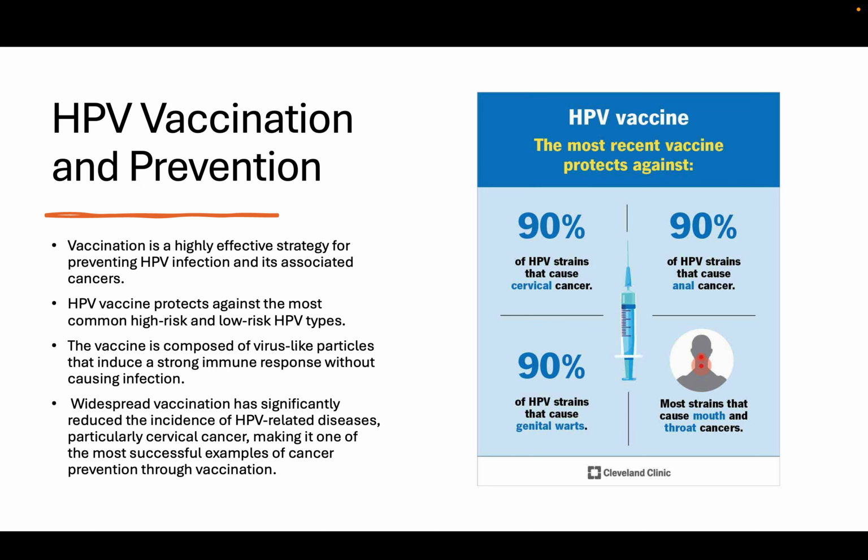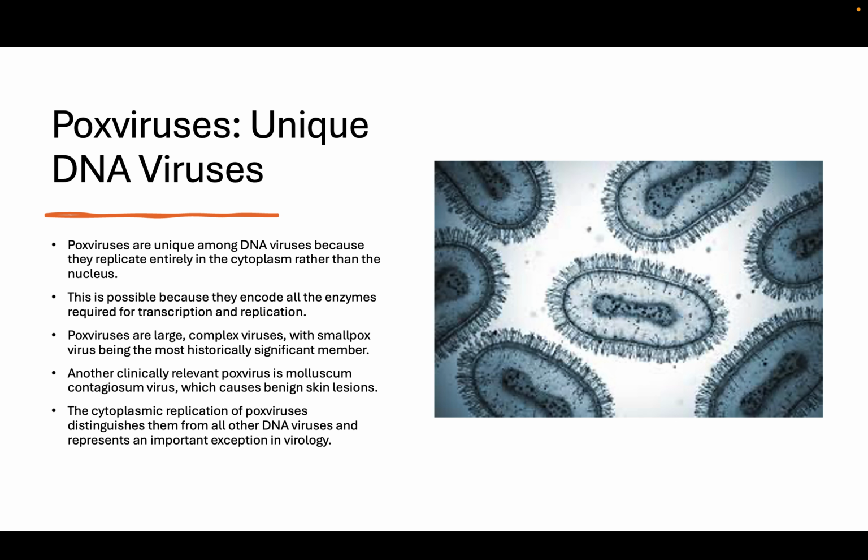So these are extremely important. These HPV vaccines protect against many different types of HPV, be it high risk or low risk. Low risk causes the warts, and high risk causes the cancer.